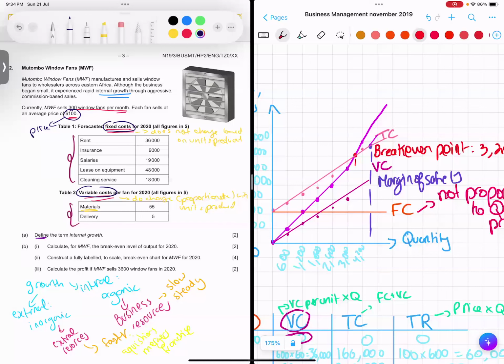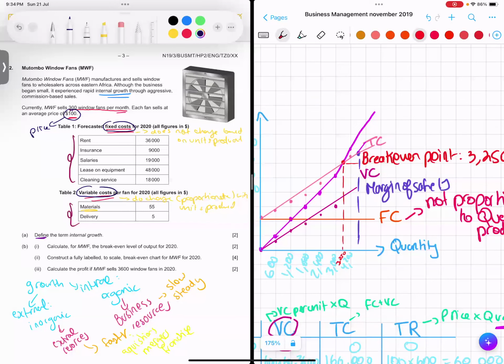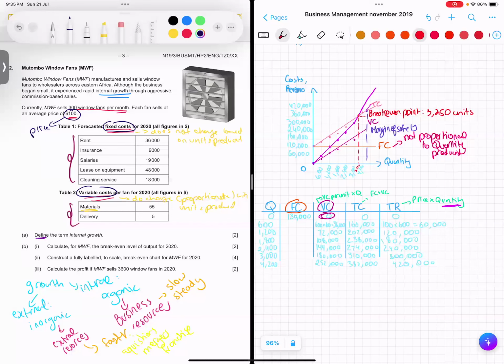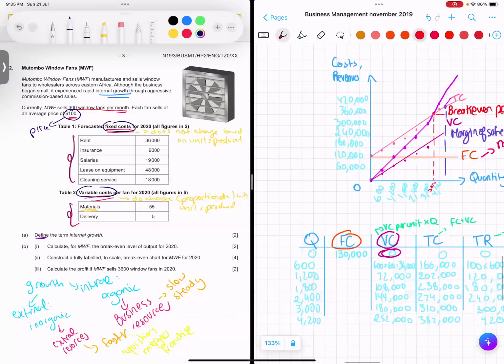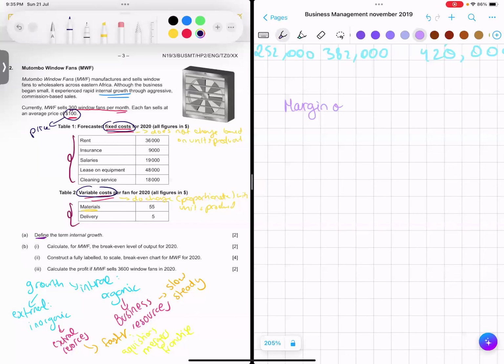I'm just going to go here and explain margin of safety in purple. So margin of safety is basically when quantity produced is greater than break-even output, because again at break-even output total cost equals total revenue, so we have zero profit.